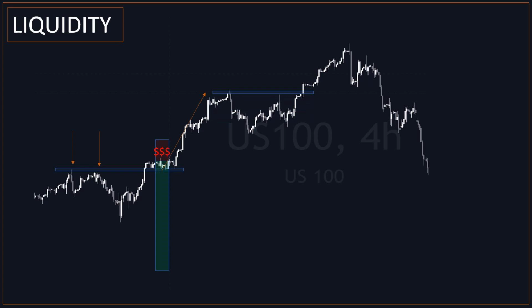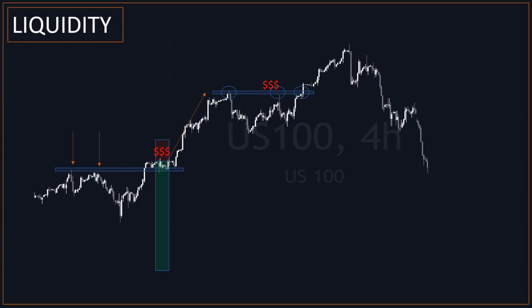All right, so here also we notice that price rejected once, rejected again from this area right here. And again, we can identify this as liquidity, right? Because we notice that price just disrespected this area right here and just went all the way to the upside.